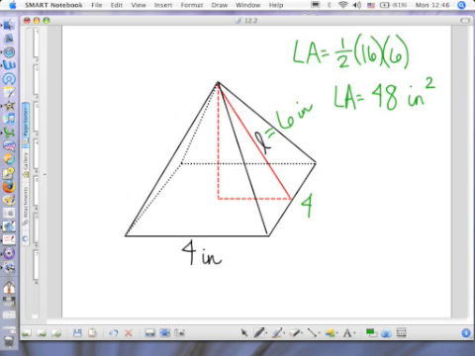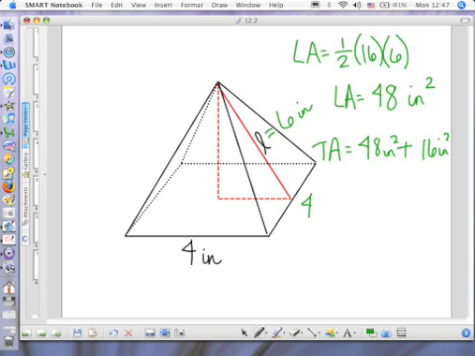Your total area is 48 square inches, because that's all the sides, plus the bottom, which is a square. And what's the formula for area of a square? Side squared. So this was inches squared, and this is inches squared.